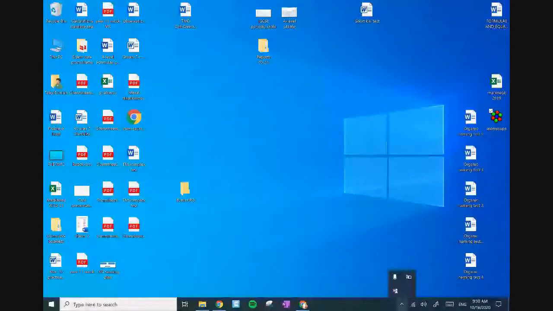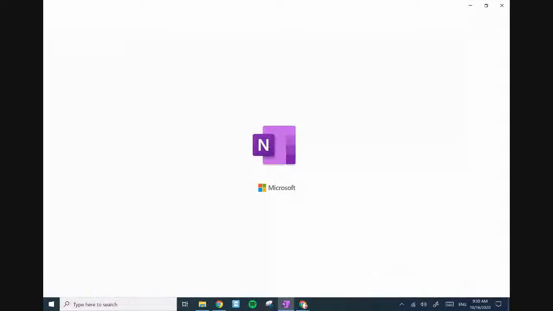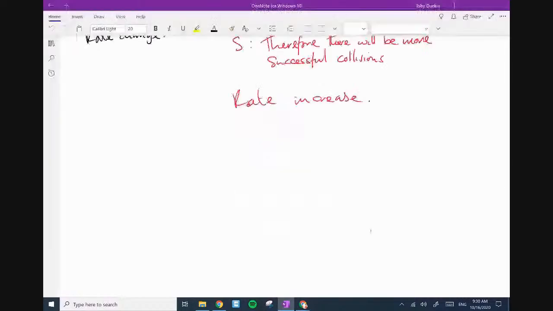It's just opening it up randomly. Oh dear. My poor little laptop. I haven't got a huge amount of time. Let's try this again.